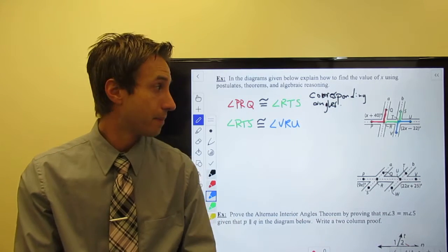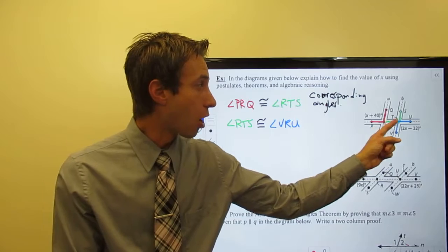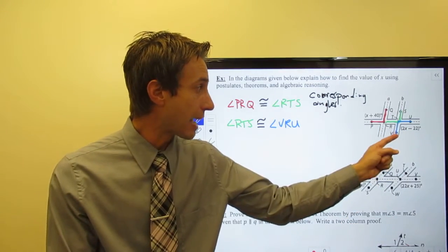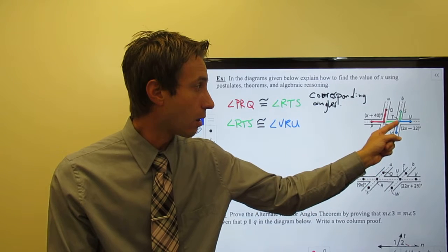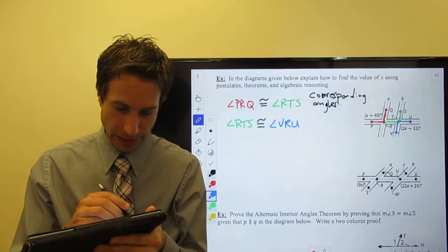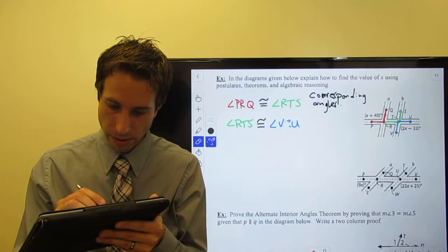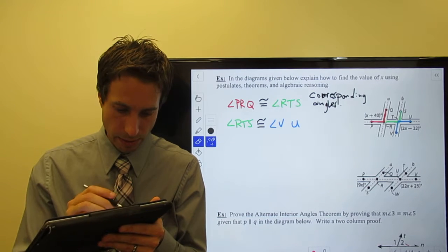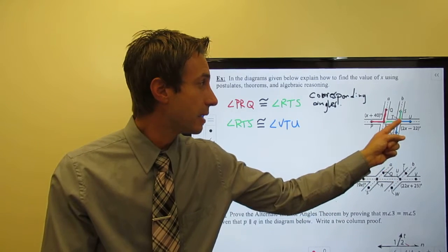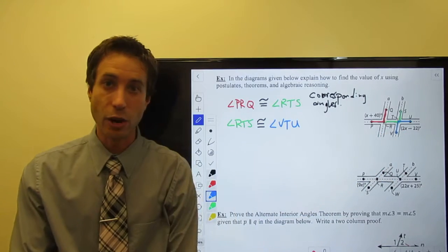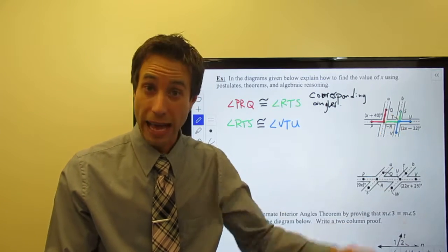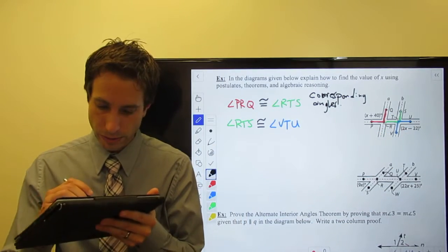How do I know that? Oh, let me fix that. That should be a T right there, not an R. Sorry. VTU. How do I know that? Hopefully what you see is they're vertical angles. Those are vertical angles.